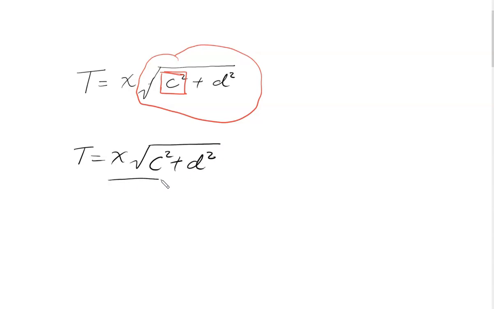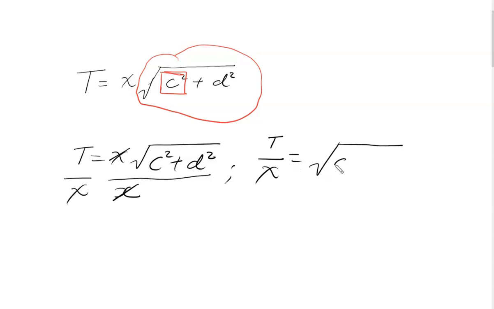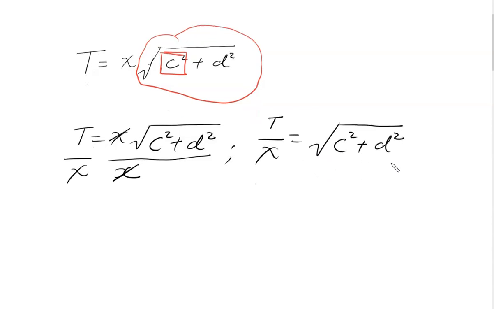When we divide this by x and by x, this will cancel out this, and we will have T divided by x equal to the square root of C squared plus D squared.